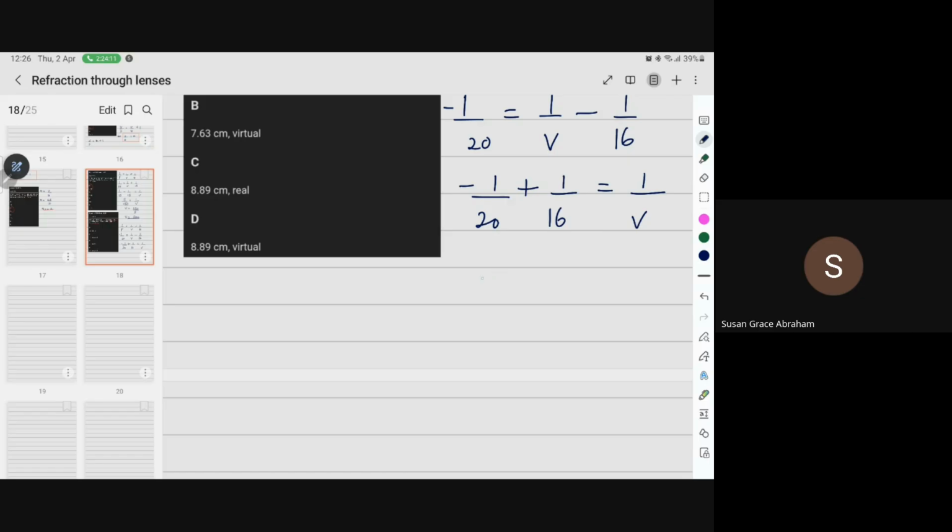This is the same as saying 1 over 16 minus 1 over 20 is equal to 1 over v. I'm thinking if there's a number I can multiply through, but let me just use our calculator. 1 over 16 minus 1 over 20 gives us 1 over 80. I think there's an error somewhere.